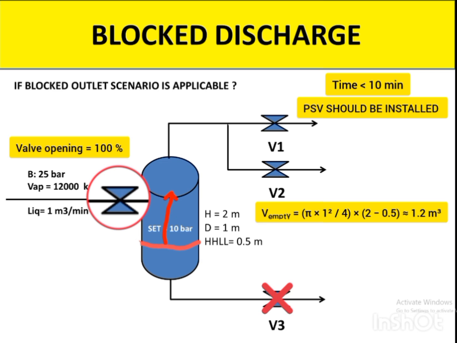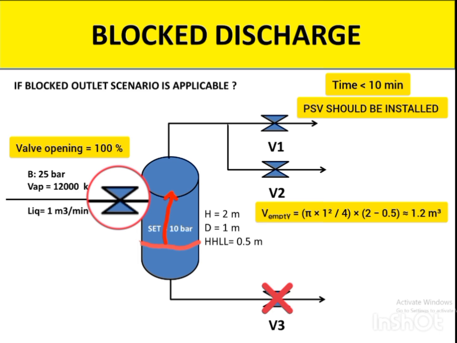The high liquid level is 0.5. So the empty volume is the cross-sectional area of the circle, which is pi times 1 squared over 4, times 2, which is the height of the vessel, minus 0.5, which is the high liquid level. That equals about 1.2 cubic meters, which is the empty space within this vessel when the liquid is at its high liquid level.